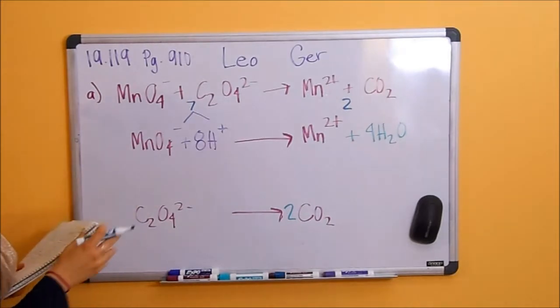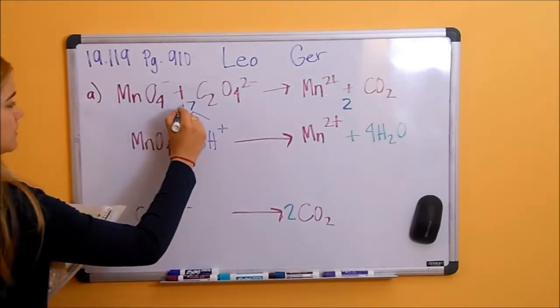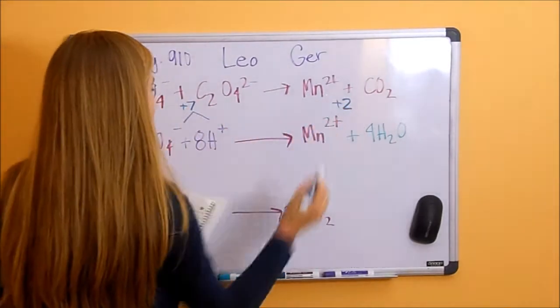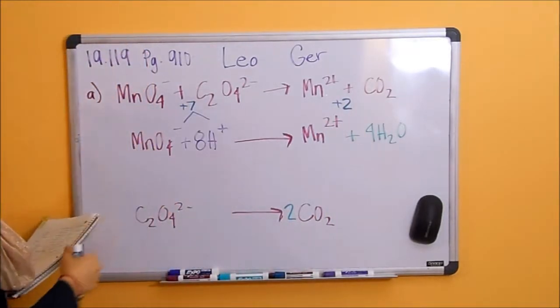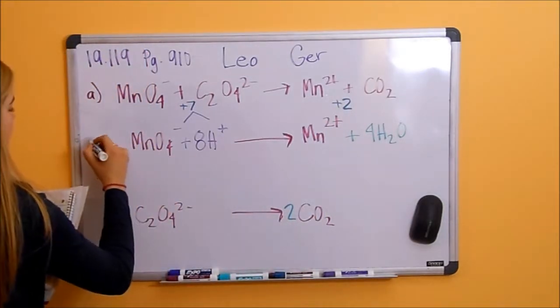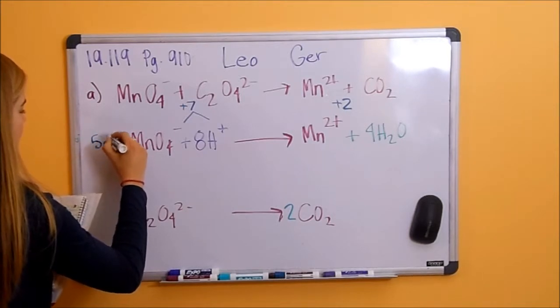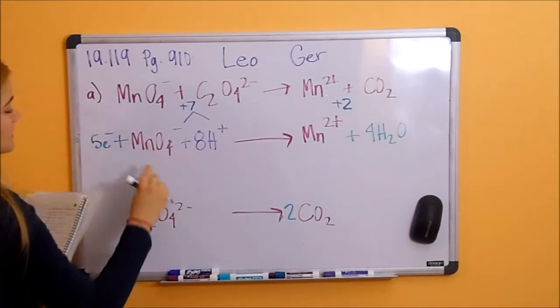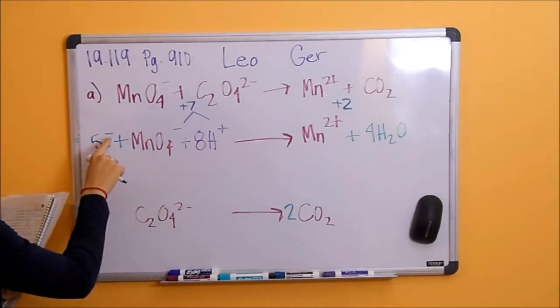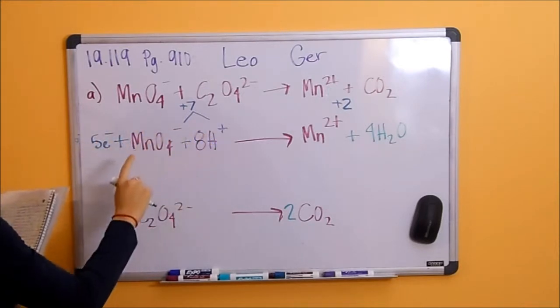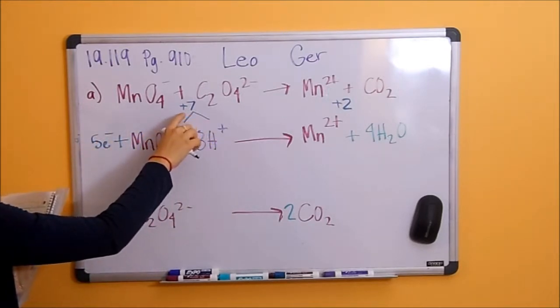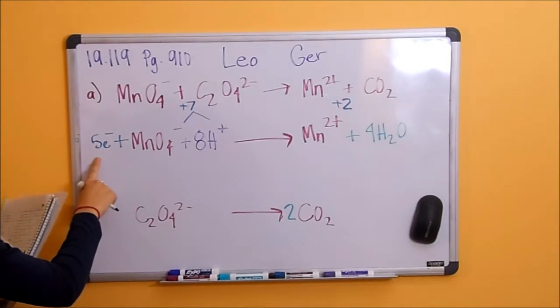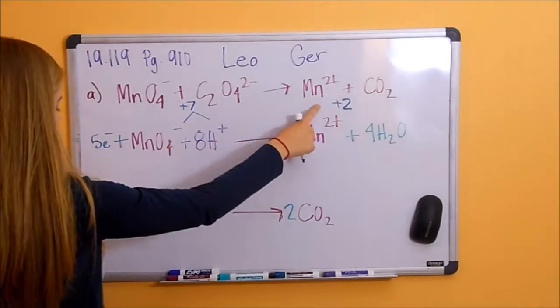So to get these to equal charges, we're going to add 5 electrons to this side, so 5e minus plus everything else. Now we have the plus 7 charge minus 5, that gives us 2, and on this side we have 2.